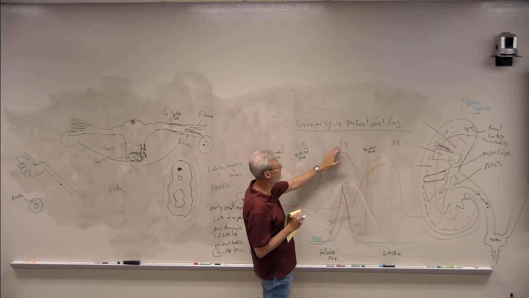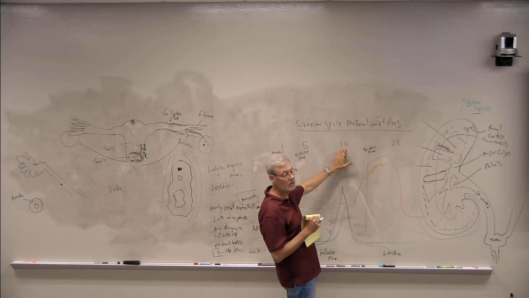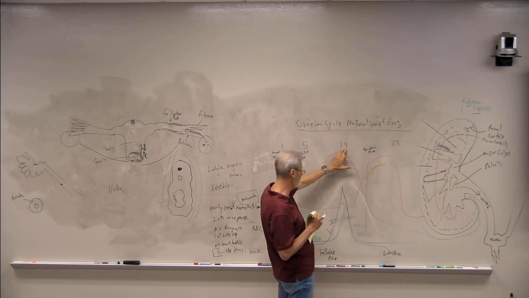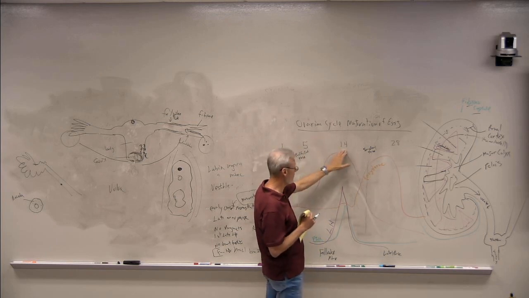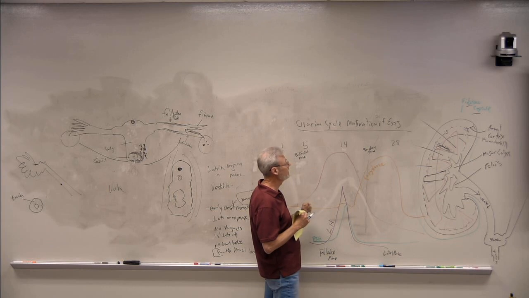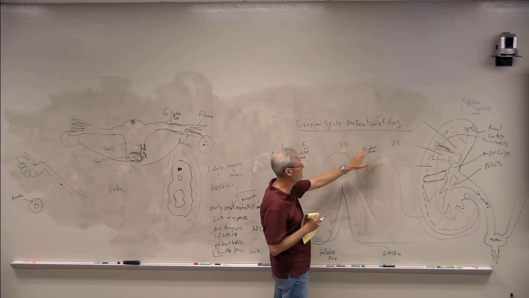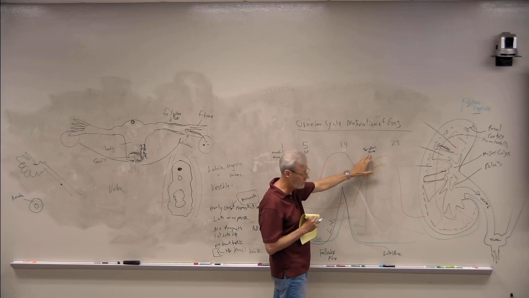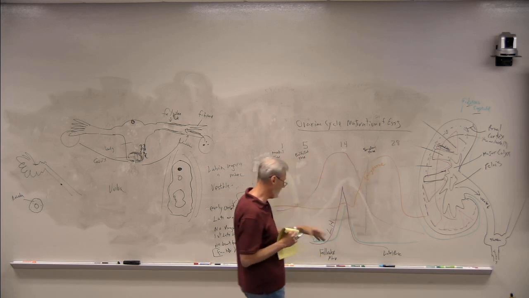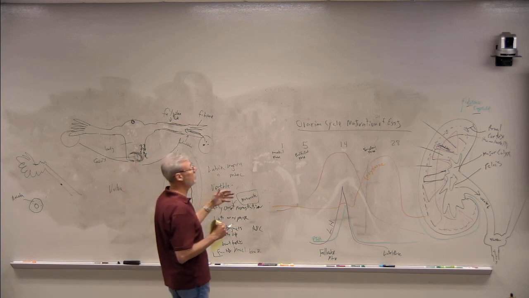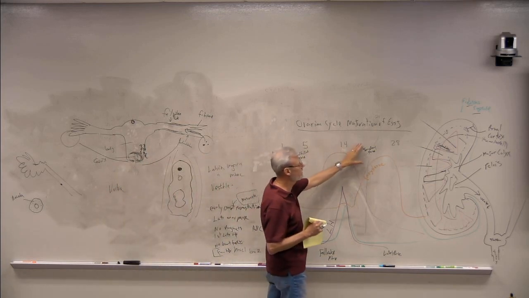About day number 14 is generally when you're going to ovulate, midway through the cycle, okay? Now, from day 14 to day 28 is called the secretory phase. Secretory meaning that the lining continues to proliferate.